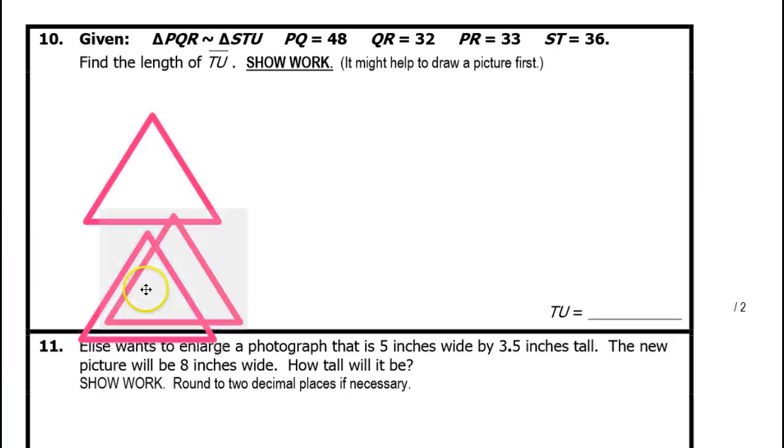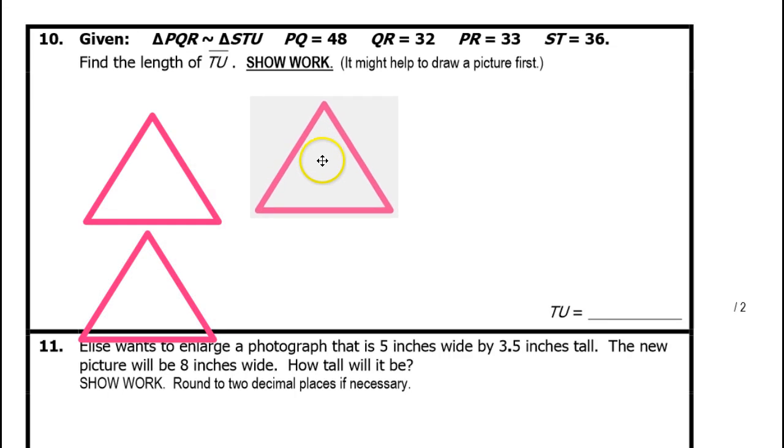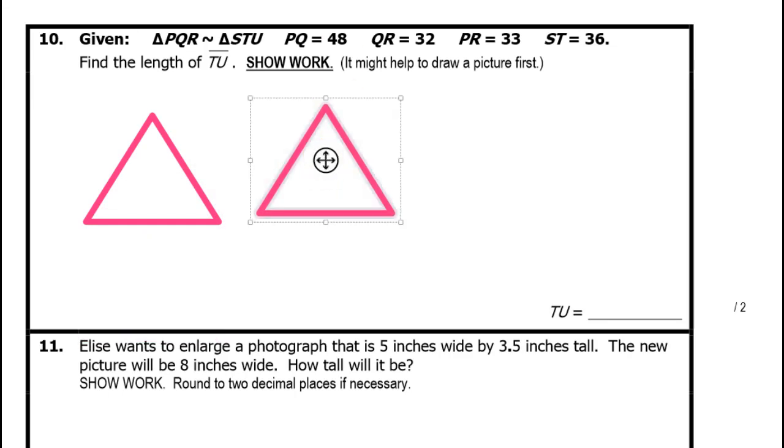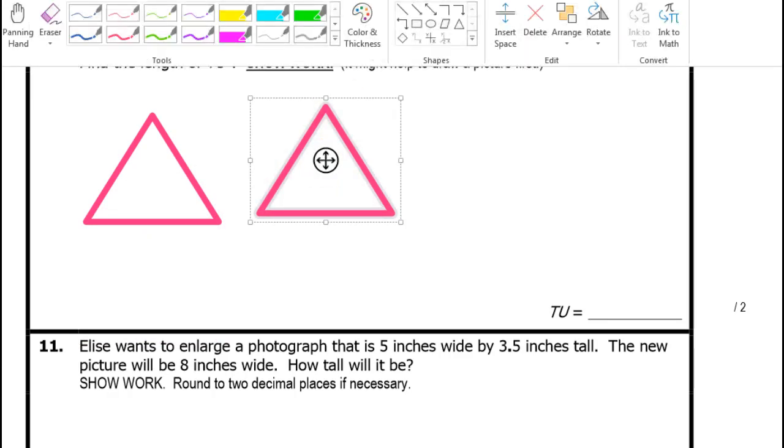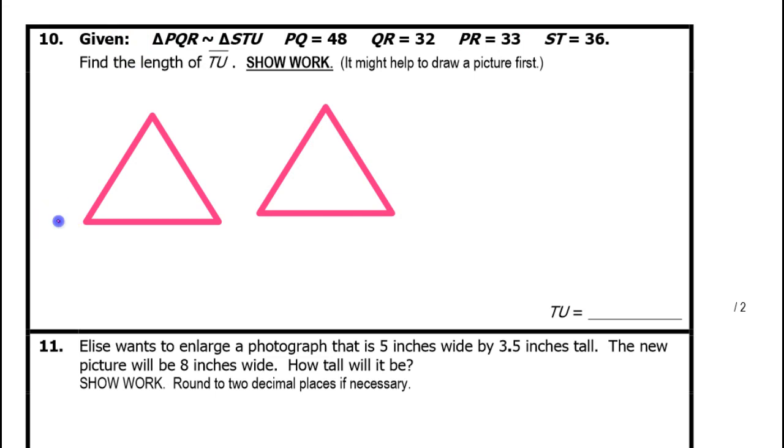I'm going to make two of them. All right, let's use this. So I will call this one PQR, and I will call this one STU. Okay, PQ is 48.